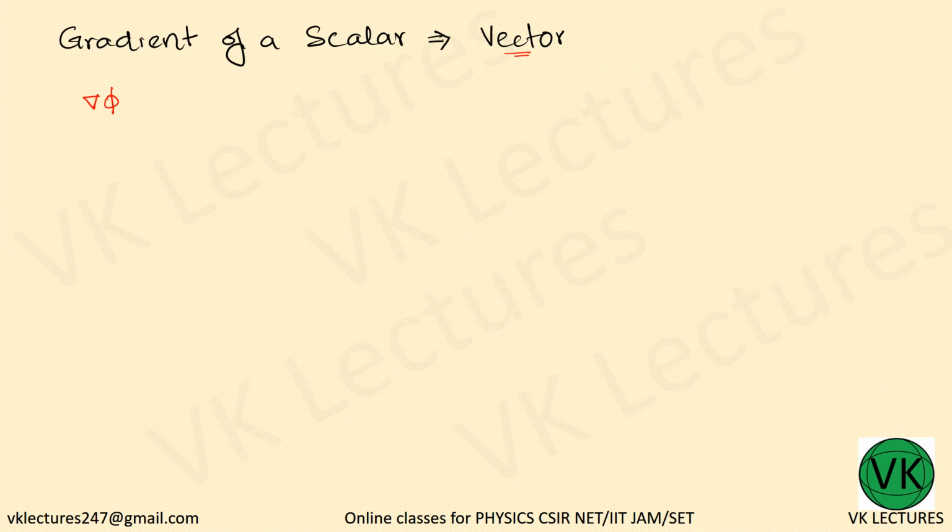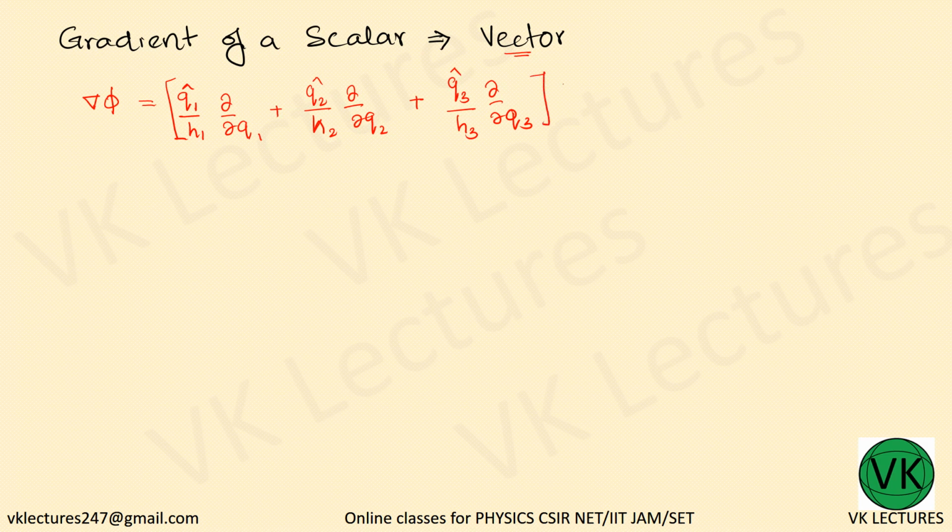Phi is the scalar and del is the operator, given by q1 cap by h1 into dou by dou q1, plus q2 cap by h2 dou by dou q2, plus q3 cap by h3 dou by dou q3, into phi.